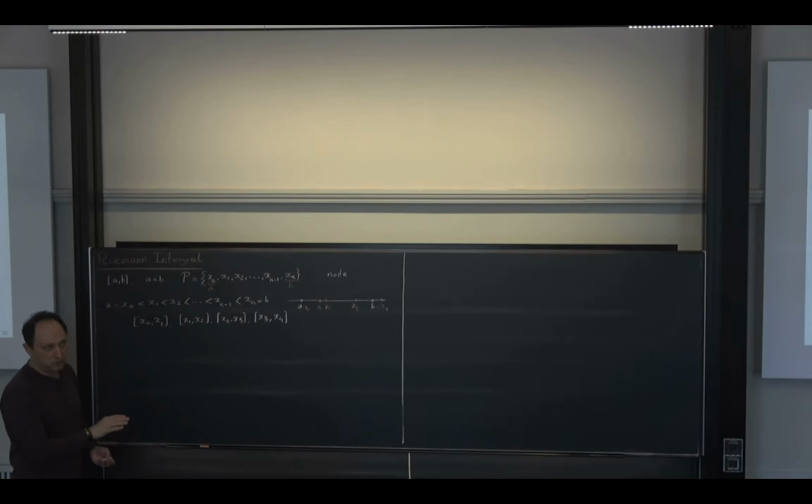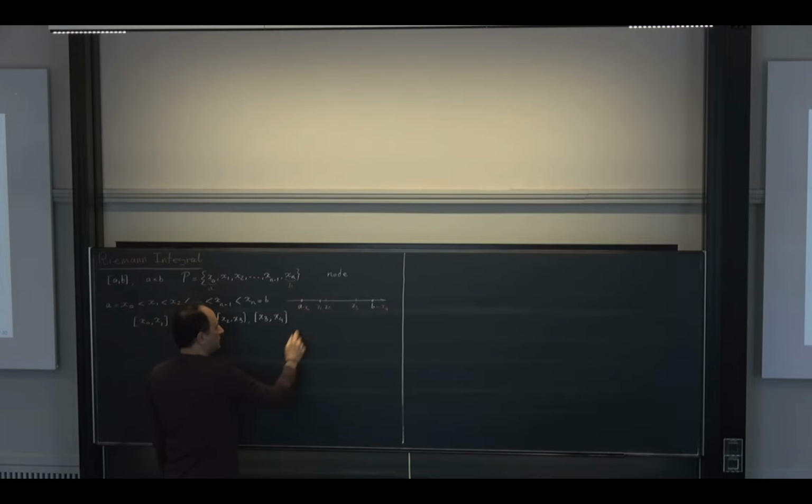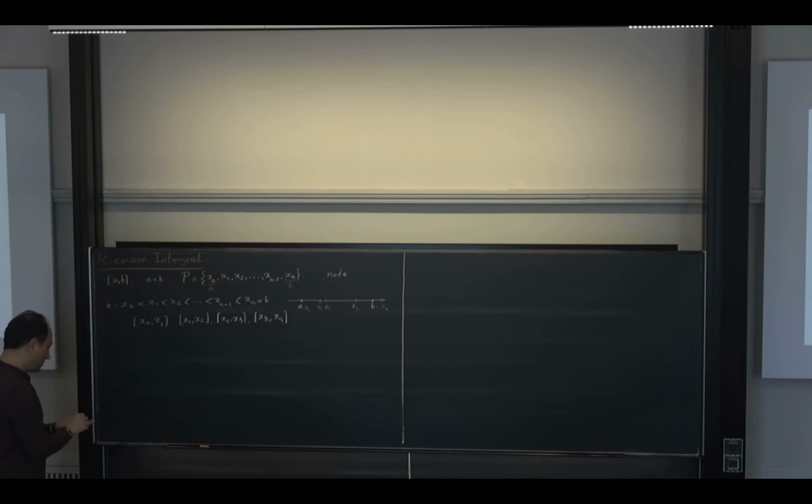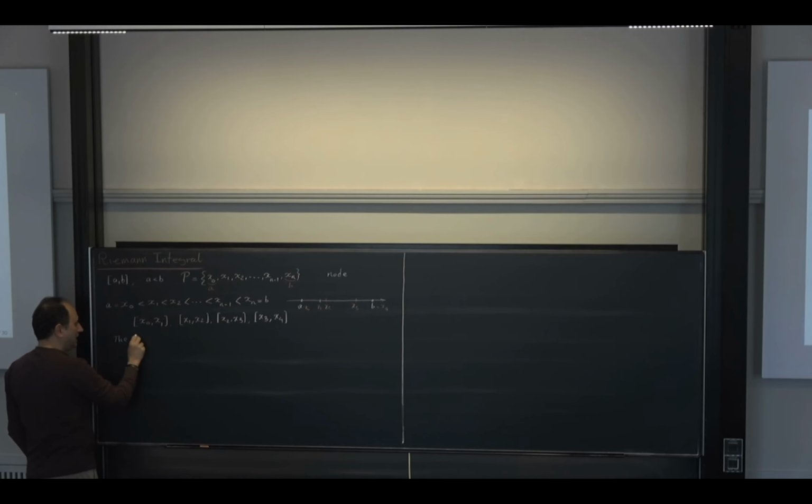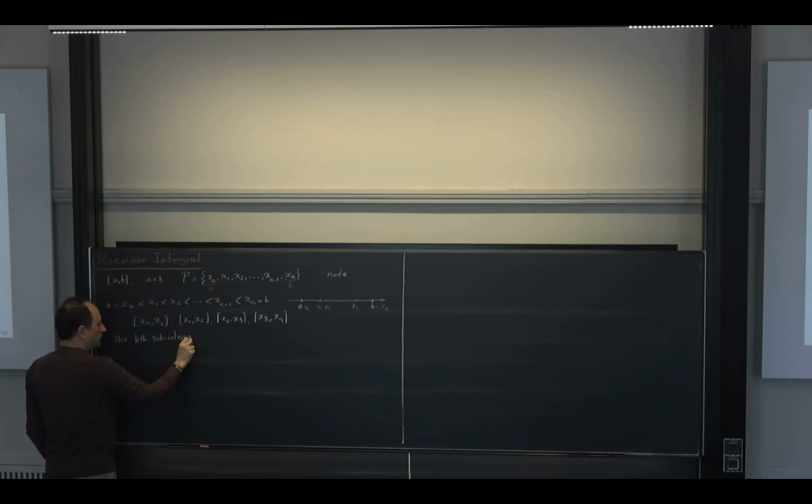So be careful in the Riemann integral theory, when we talk about subintervals, each one of the intermediary points belongs to two subintervals, to the left one and to the right one. So if I ask you what is the kth subinterval for this partition, what do you say?